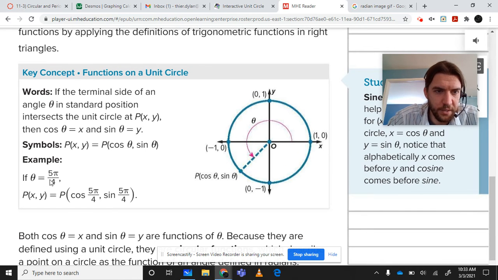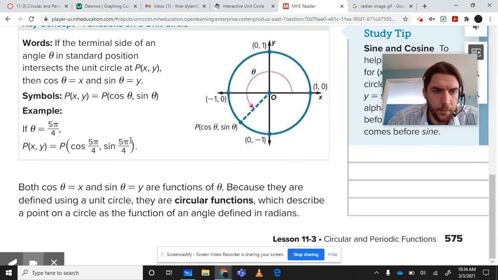So in this example, they say the angle they're going to use is past pi radians. It's 5 pi over 4, a little beyond 1 pi radian. So we're over here. The two coordinates are going to be the cosine of 5 pi over 4 and the sine of 5 pi over 4. Okay, so we can locate ourselves around that circle using that connection.